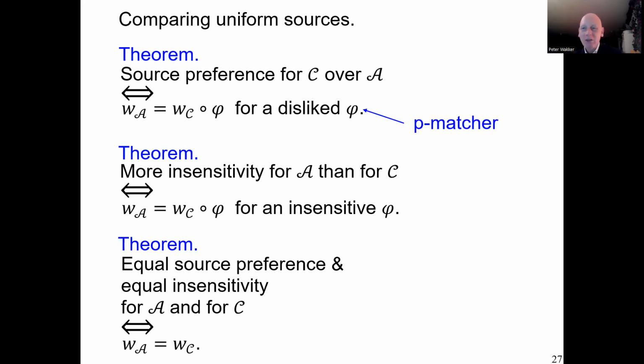And one more thing I want to say is that I told you these are Pratt-Arrow type results. Maybe you remember Pratt-Arrow for a decision maker and risk with respect to utility. One decision maker is more risk averse than the other if and only if his utility function is a concave transformation of the utility function of the other. But there is a mathematical difference: those transformations are always inserted to the left of the functions.